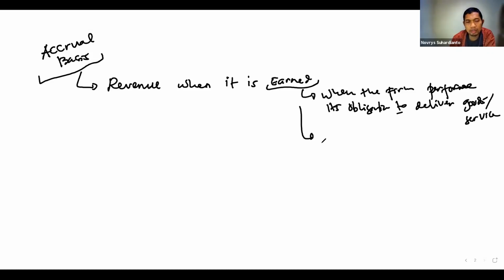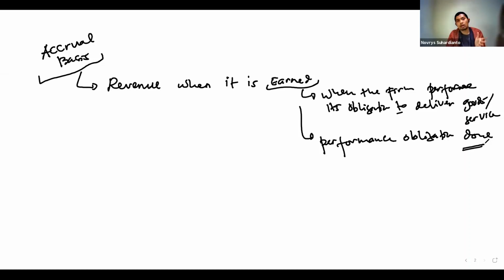In short, when the performance obligation is done, you record revenue, regardless of the cash. We don't care about the cash. Once the performance obligation is finished, then record revenue.